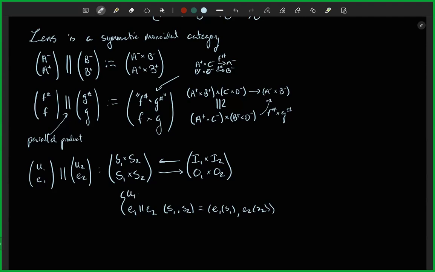And the update of S1, S2 at I1, I2, well, it's just going to be a pair of states. And what it is just going to be the update of the first and the update of the second.